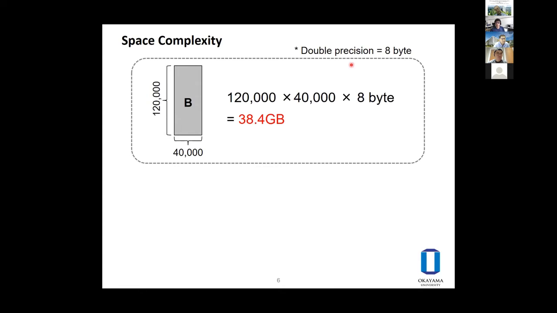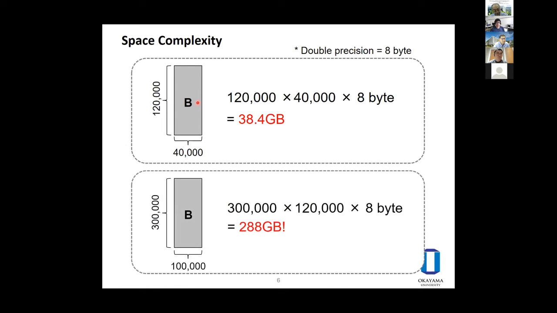If you use double precision to represent the values, you need about 40 gigabytes to store this B matrix. And if the number of unknown parameters is 100,000, you need 300 gigabytes to store this one B matrix. So this is impractical.